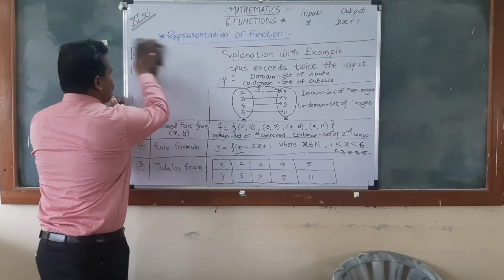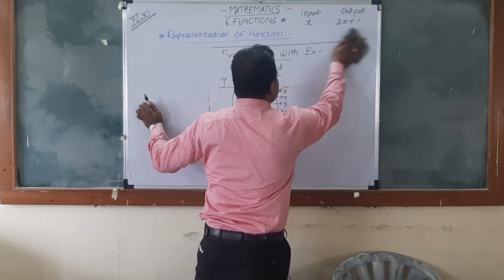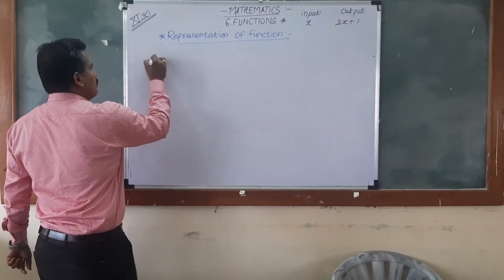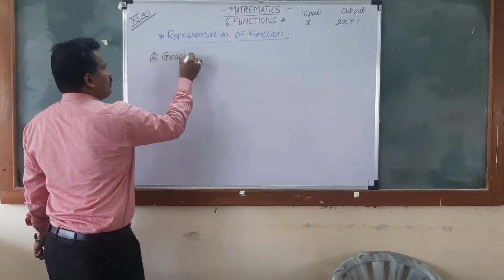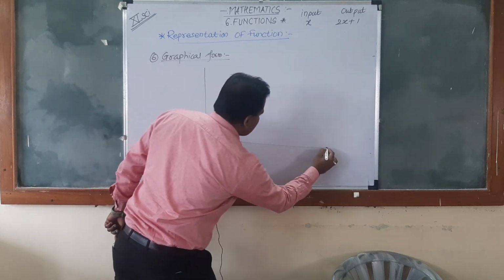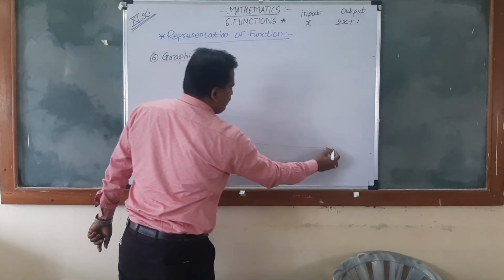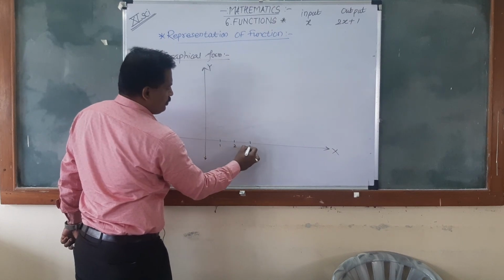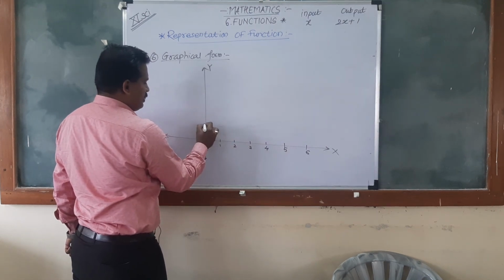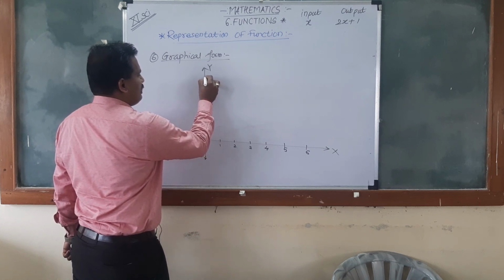Now the last form, which depends upon the tabular form, is graphical form, in which we draw the x and y axes: the y axis, the x axis, 1 2 3 4 5 6, and 1 2 3 4 5 6 7 8 9 10 11.